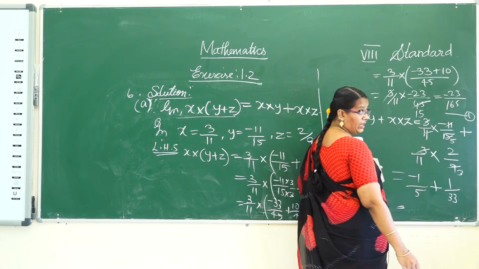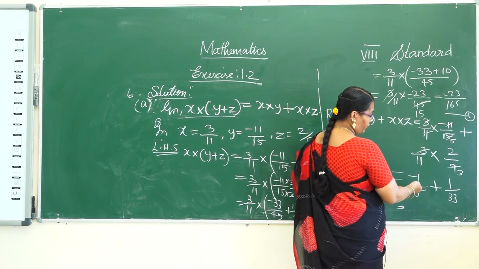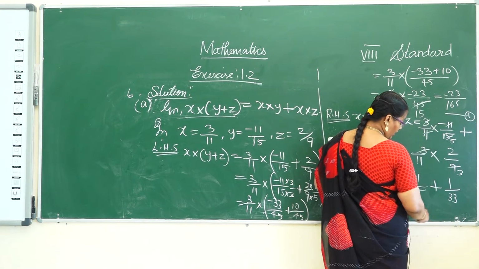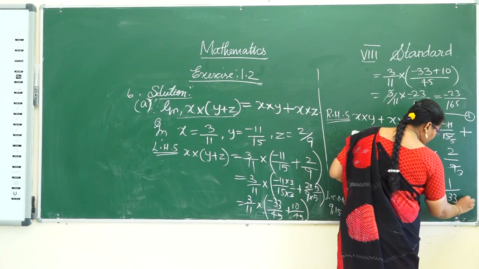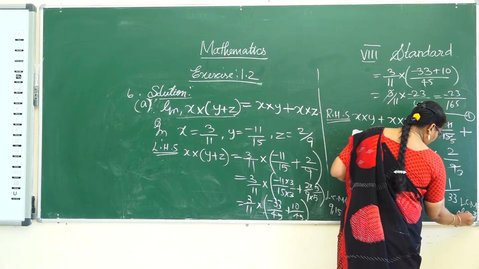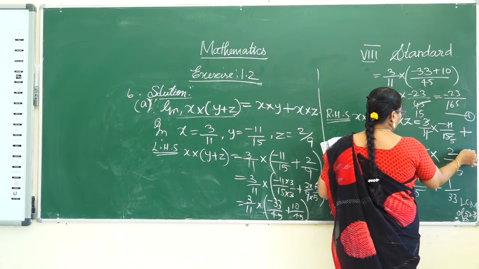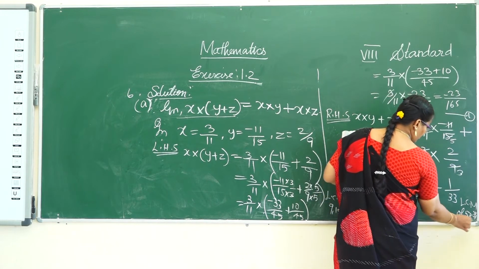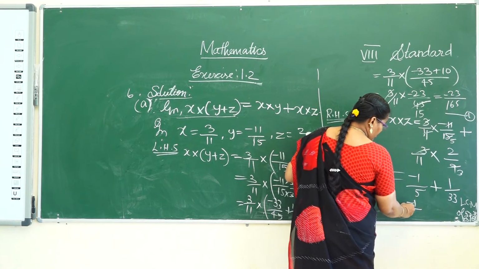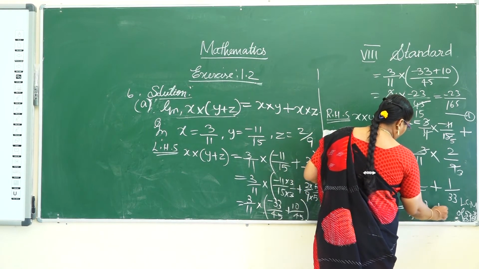The denominators are unlike fractions, got it? So find out the LCM of 5 and 33. The LCM of 5 and 33 is 165: 5 3s are 15, 165. So in this place the denominator is multiplied by 33, and the same number is multiplied to the numerator also.